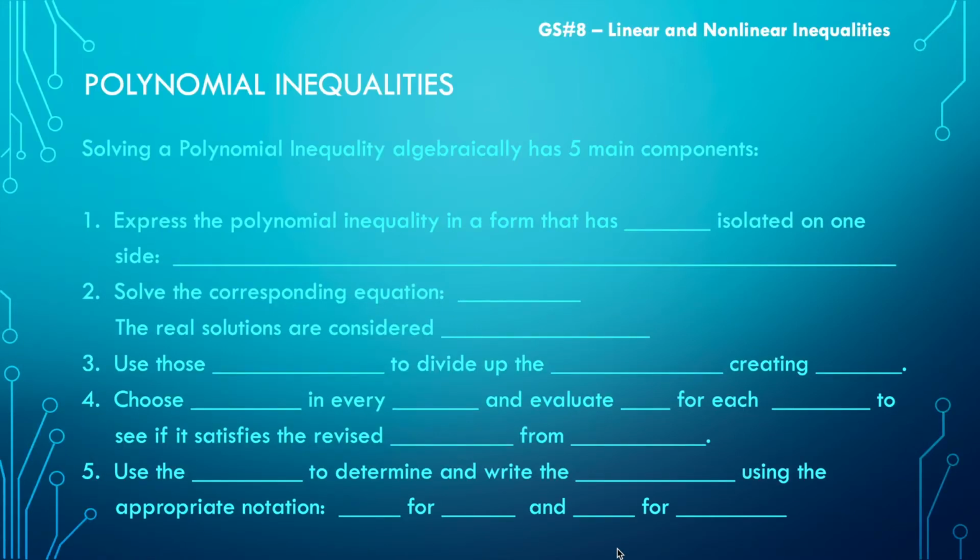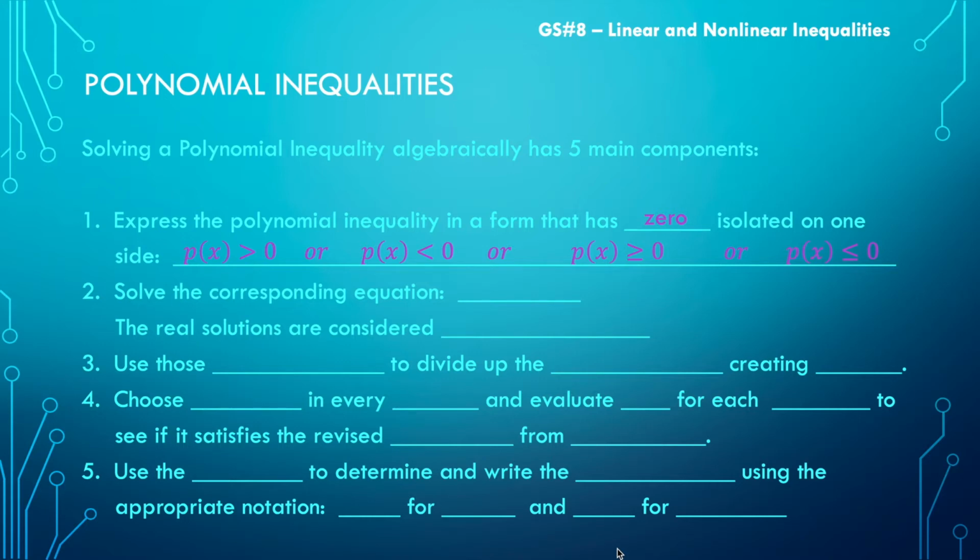So there are really five main components when it comes to solving polynomial inequalities. When you're given a polynomial inequality, you're going to want to first express that inequality in a form that has 0 isolated on one side. So it's going to look like one of these examples where p of x is representing the polynomial.